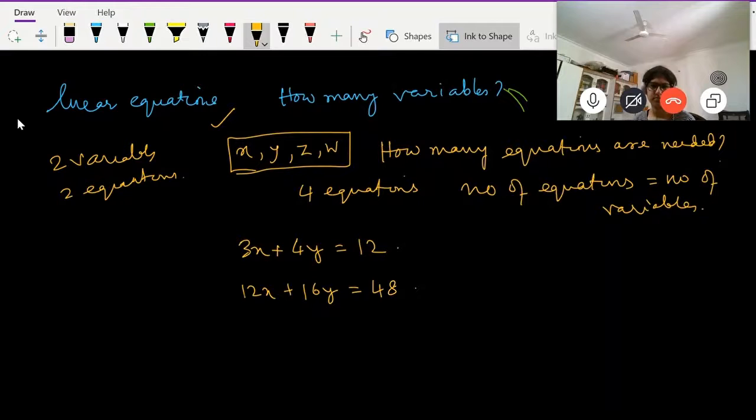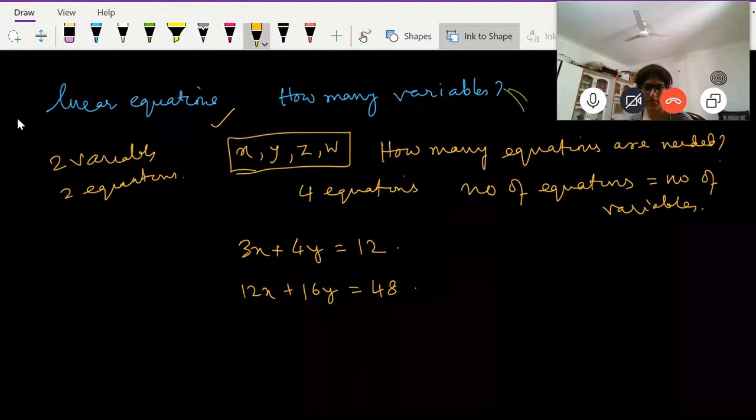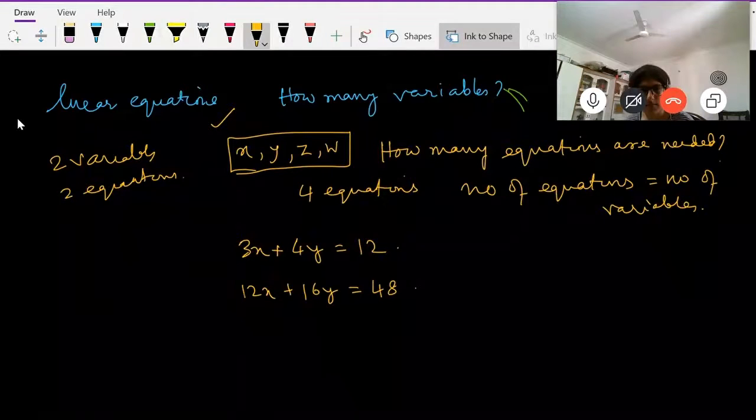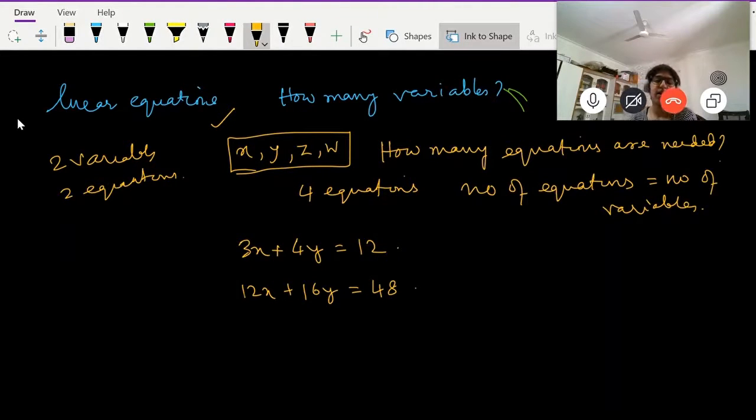How many solution pairs will this have? This will have infinite solutions.